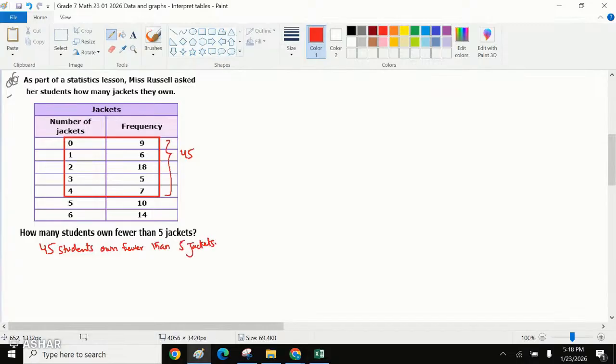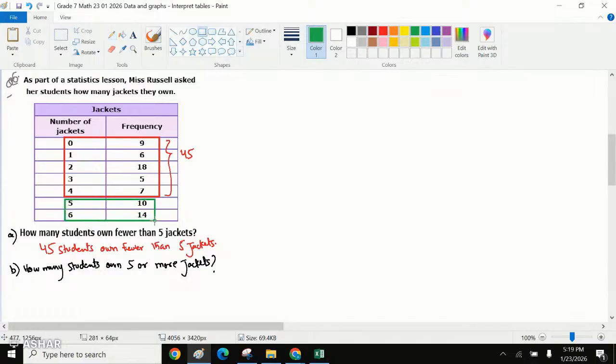Okay. And if I would say, how many students own 5 or more jackets? So we know that it could be 5 or more than 5, right?